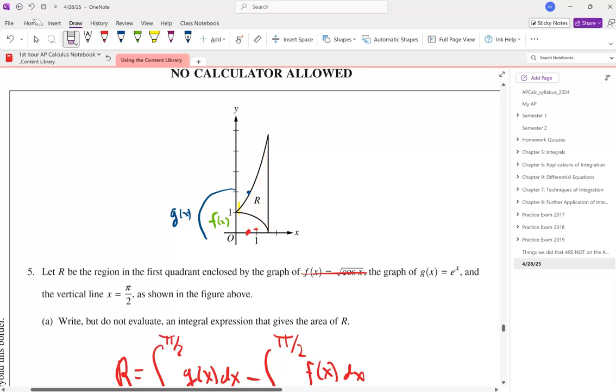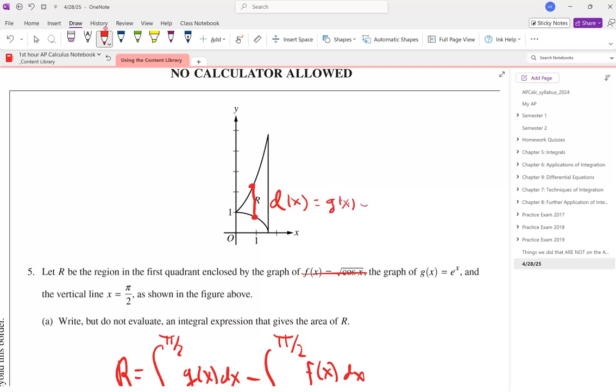So to do this now, I'm going to go back to my picture. I'm going to erase all my marks from before so I have a clean picture. So the radius function that I'm looking for is that, right? That would be my r of x. Do you guys buy that? Oh no, I'm sorry. That's like a d of x. That's a diameter for the semicircle. So that should be then g of x minus f of x.